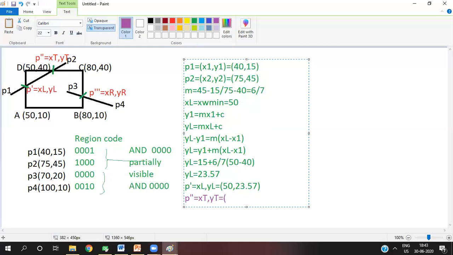Y top is known. What is y top over here? Yes, value of y top is 40. So xt is currently unknown in this case, but yt is known 40. So let's calculate xt now.